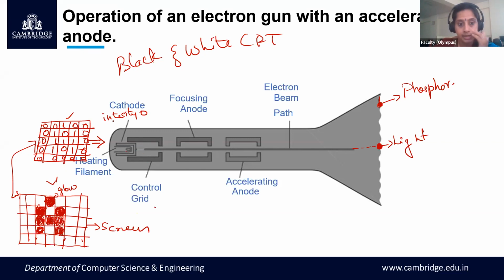Let me not talk about the intensity here. The beam is 0, intensity and speed. So in this box, the beam puts 0. The beam will not go there because it is maintained at 0. In this box, the beam need not go because the beam should not touch the boxes with 0. Now it is 1. Now the beam should go touch this box. So whichever box it touches, it will glow.